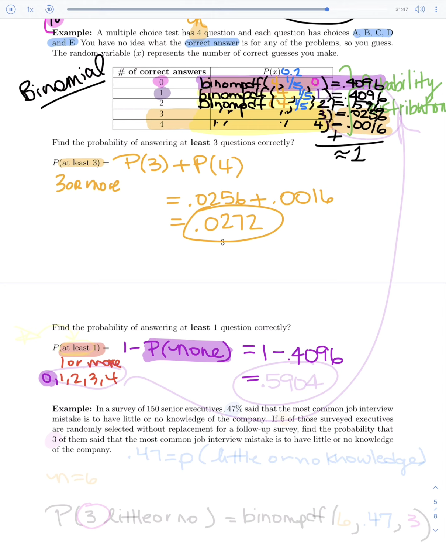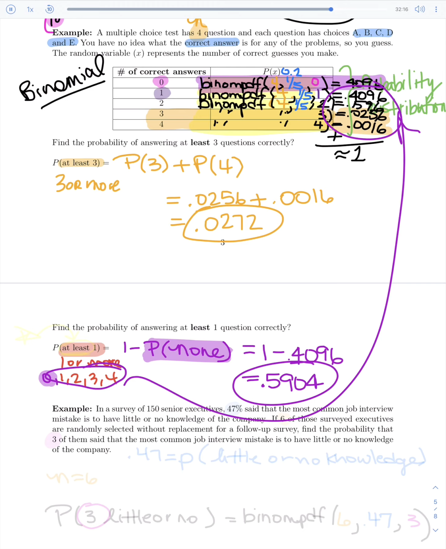So 1 minus 0.4096 gives us 0.5904. Or you can do the long-winded way, which is to take the 1 through 4, what you actually wanted, and add them up. You'll still get the 0.5904. If it is a little bit off, again, it would be due to rounding.